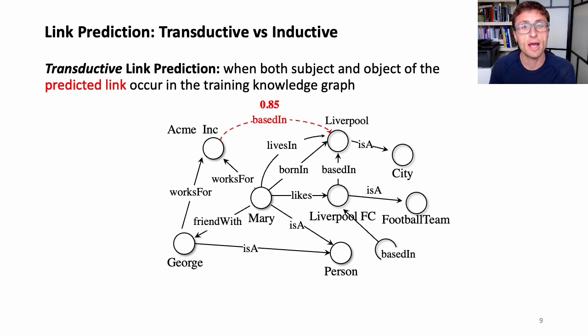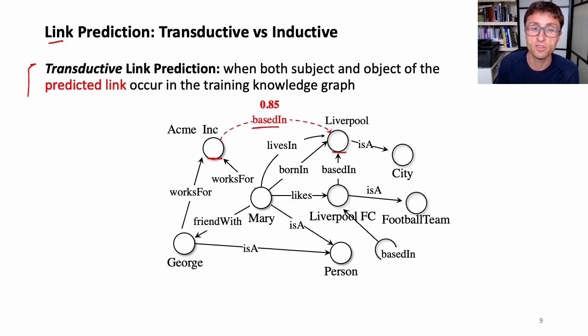To give you extra insights on link prediction, we should also point out that there are two flavors of link prediction. One is transductive link prediction, which is the task of predicting a missing link between two nodes in a graph, like in the picture here.